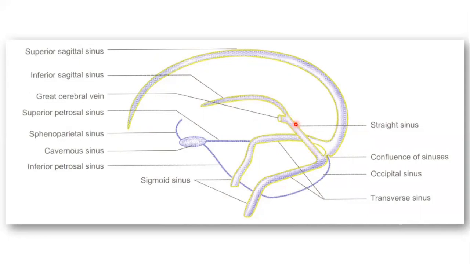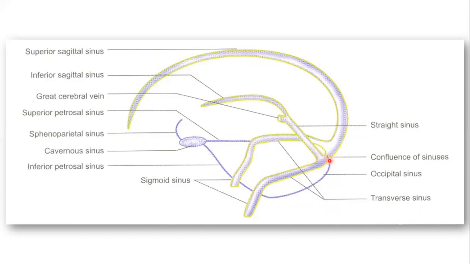I'm repeating: the straight sinus is formed, and this again goes into the confluence of sinuses.